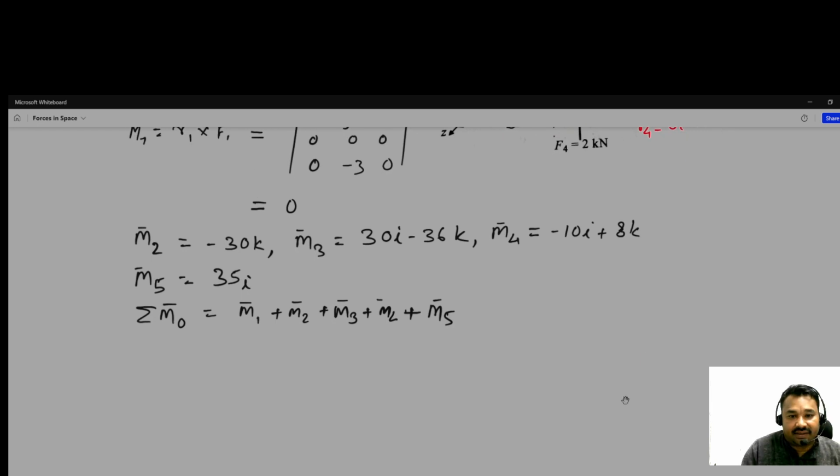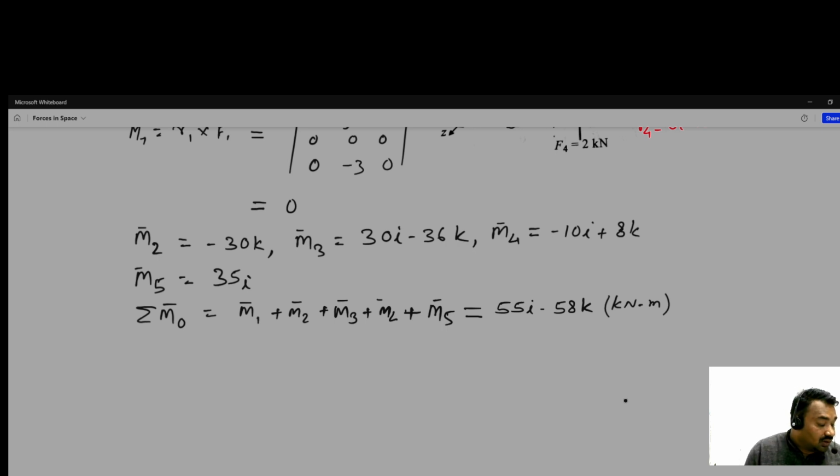What do we get by adding all the moment vectors? We get 55i minus 58k, and it is in kilonewton meter. Don't forget to write the unit.